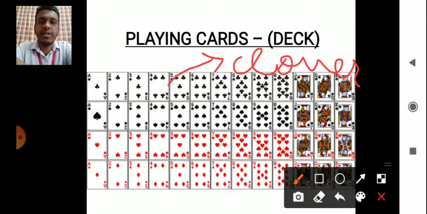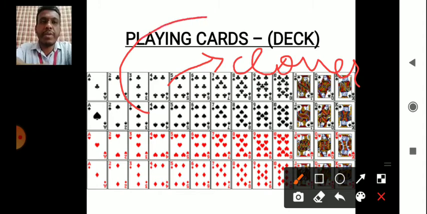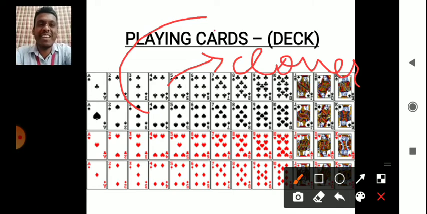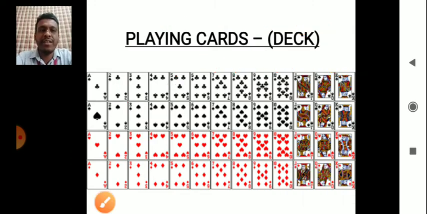It is a clover. What is this known as? We used to call it spit. Now in English it is known as a spade. Spade. Fine.